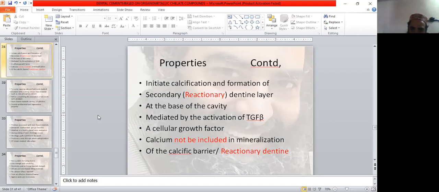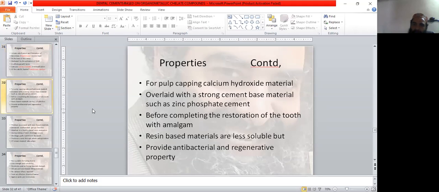Calcium is incorporated in the mineralization of the calcific barrier or reactionary dentine. For pulp capping, the calcium hydroxide material is overlaid with a strong cement-based material like zinc phosphate cement, already described before, completing the restoration of the tooth with amalgam.